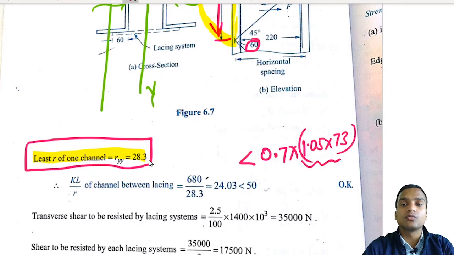This is the global slenderness ratio, so it should also be less than this value. This is very less, so we can check that this condition is also satisfied. So there is no case of local buckling.